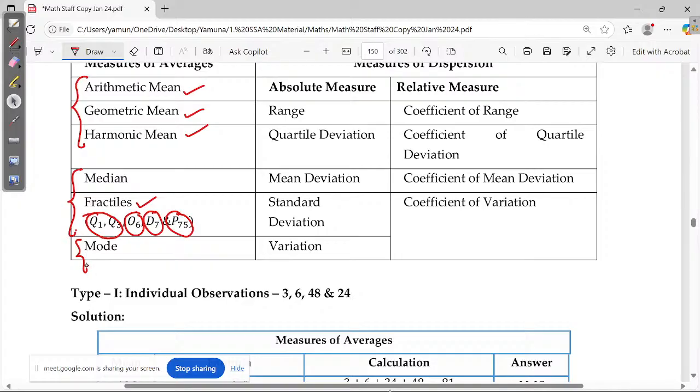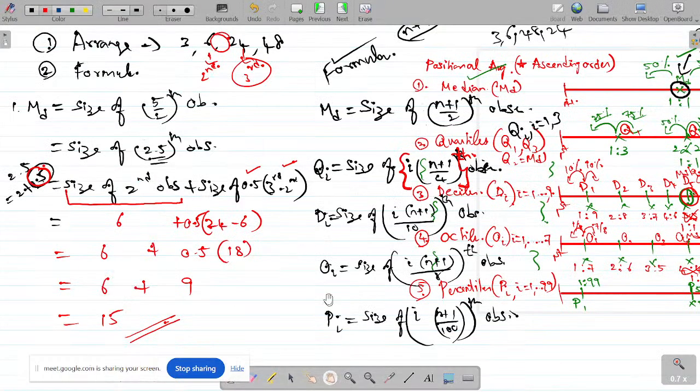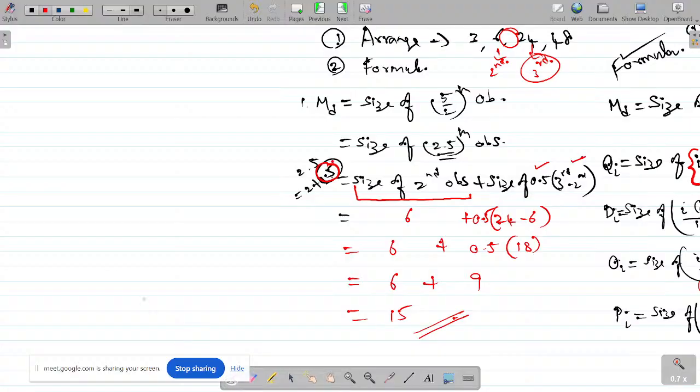After this, we'll go for mode. So we have done with the median. What's the value? 15. Can you find Q1, Q3, O6, D7 and P75? Can you try? Yes, please.